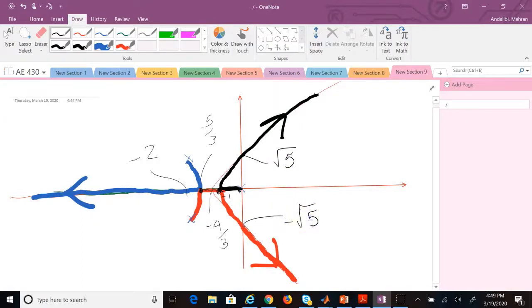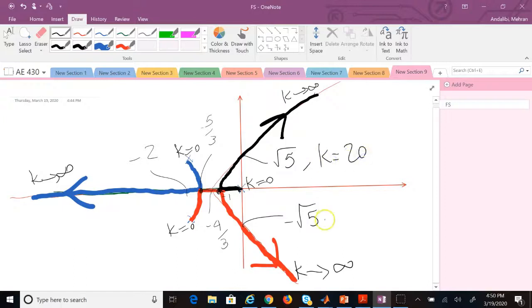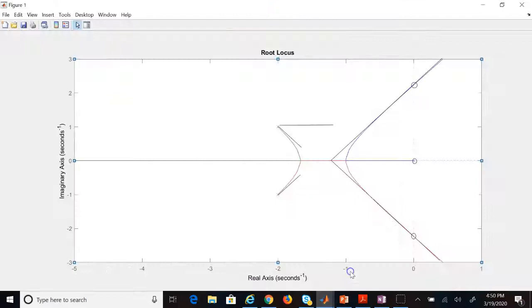K at each pole is 0, and as each branch goes to infinity, k goes to infinity too. And we found that at that point k was 20, and at this point also k was 20. So that is how we draw the root locus, which is exactly this guy here.